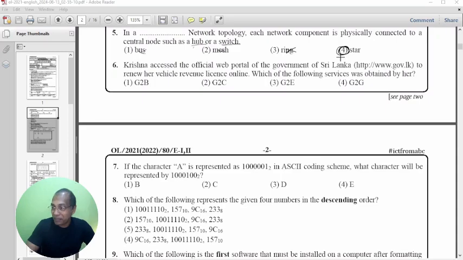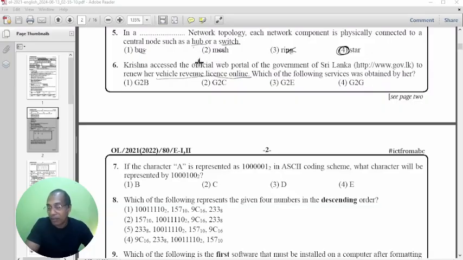Let's look at the next one. Krishna accessed the official web portal of the government of Sri Lanka, www.gov.lk, to renew her vehicle revenue license online. Which of the following services was obtained by her?